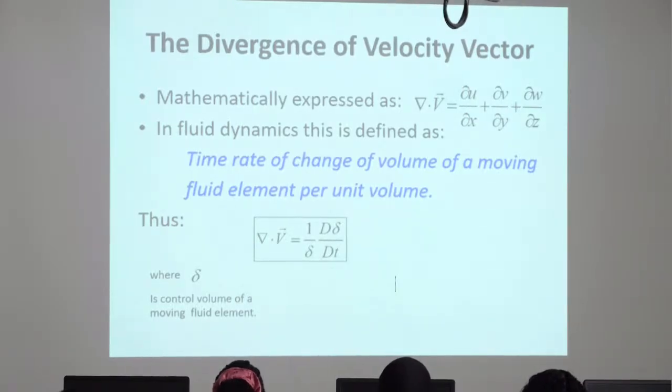So it can also be represented by this substantial derivative of the volume, where the volume here is your control volume of a moving fluid element, giving you the divergence of a velocity vector.